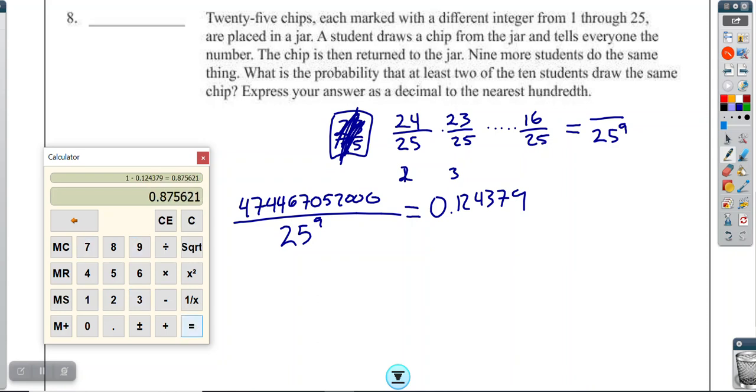And it's rounded to the nearest hundredth. Write your answer as a decimal: the probability of at least 2 of the students. All right, and so we are going to have to round that to 88%, which is also equal to 0.88, and we want to answer as a decimal. So that is 0.88.